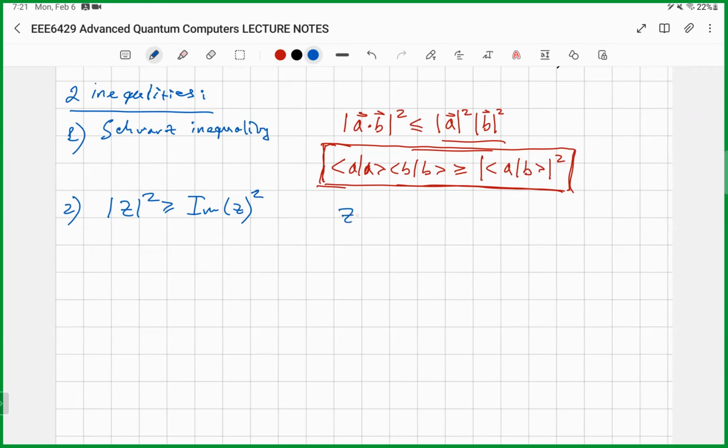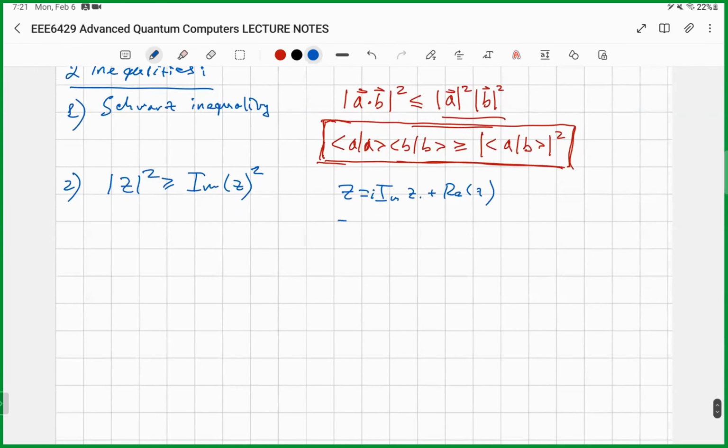Why? Because the complex number is a sum of imaginary and real part, right? And if you take the modulus squared, it is z times z complex conjugation, and the result is equal to real part z squared plus imaginary part z squared.